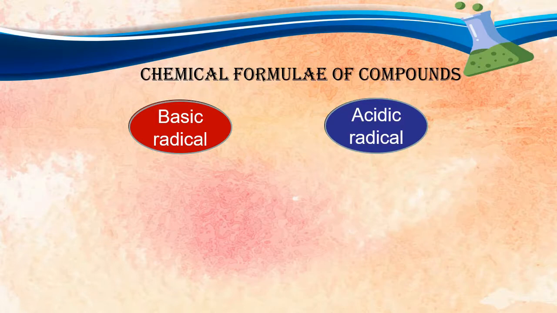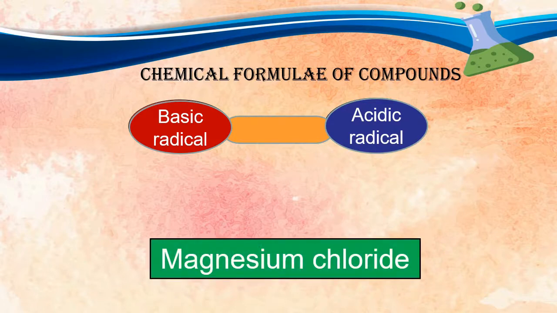The force of attraction between them constitutes the ionic bond. The name of an ionic compound has two words. For example, magnesium chloride. The first word is the name of the cation. Here, magnesium is the cation and the second is the name of the anion. Here in magnesium chloride, chloride is the anion.